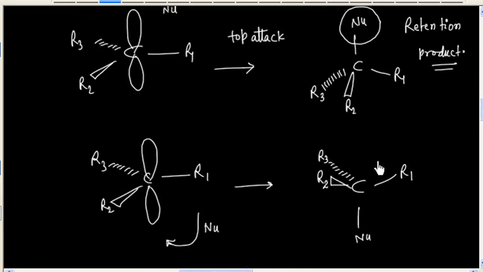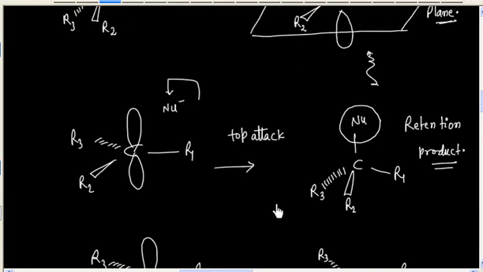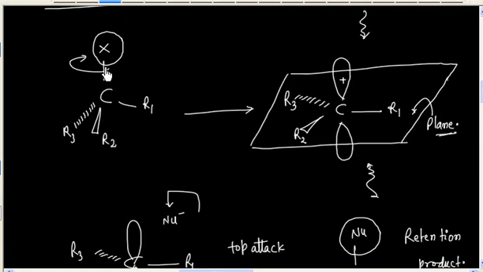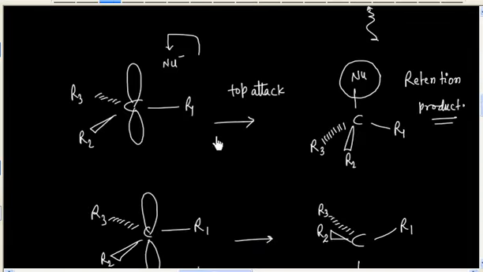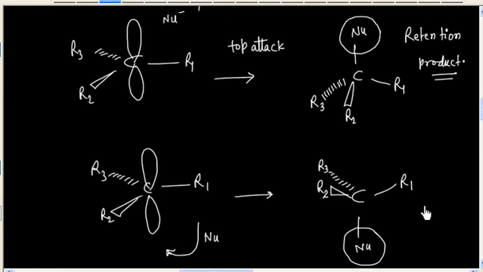And in this case nucleophile is opposite to the leaving group. Leaving group is this side, but nucleophile is coming this side. So this means for this product we have inversion. So this is inversion product. Now attack from top face and attack from bottom face is equally likely.